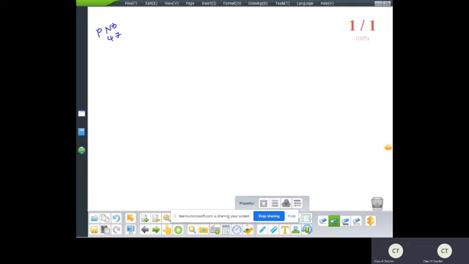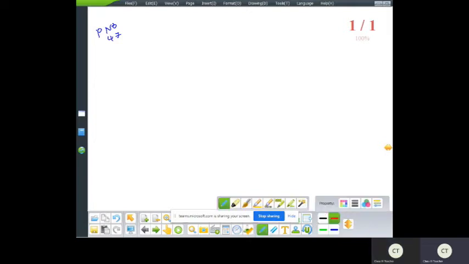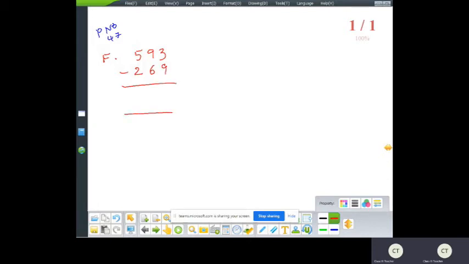Now question F1. 593 minus 269. Here 593 is greater than 269, then subtraction exists.